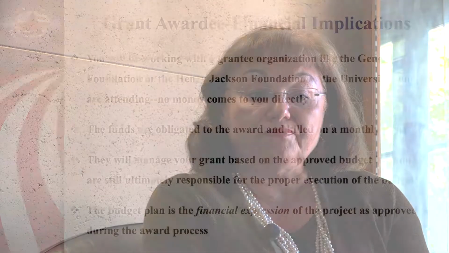So for example, if you're at a university, you typically work with a grant contracting officer at your university to make sure that those things get done. And if you're hiring personnel, that they hire a person for the set amount of time that you need them at the set amount that you put in your budget, so that you stay within your budgetary constraints.